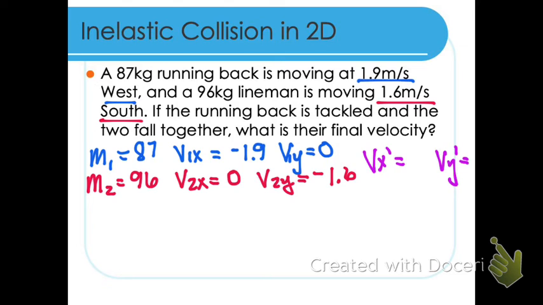All right, so let's go here in the x direction first. 87 times negative 1.9 plus 0. Let's see, 87 plus 96 gives me 183 as my combined mass.